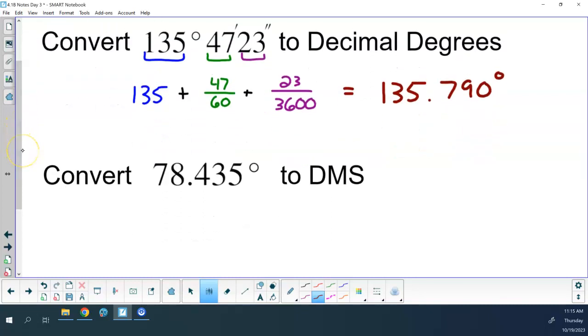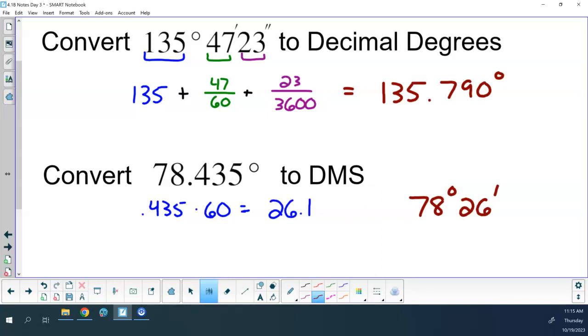Then, on this one, we know we're going to have 78. That's good. But now we got 0.435 times 60. And that's going to be 26.1. So then we've got 78 degrees, 26 minutes, and then we've got this 0.1 that we have to multiply by 60, and that's going to get us 6.